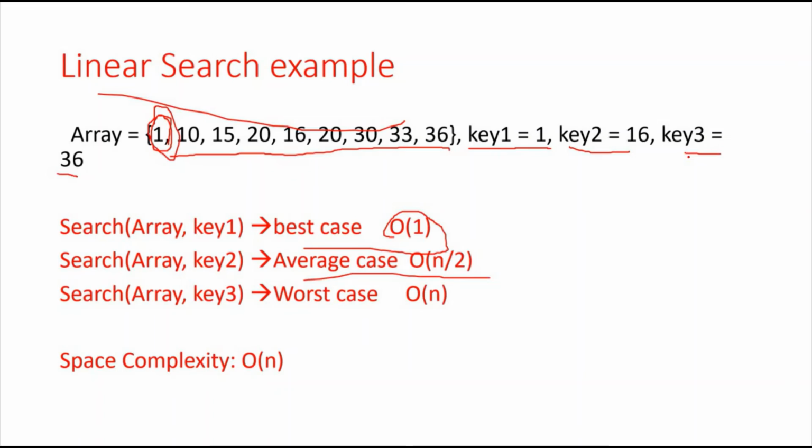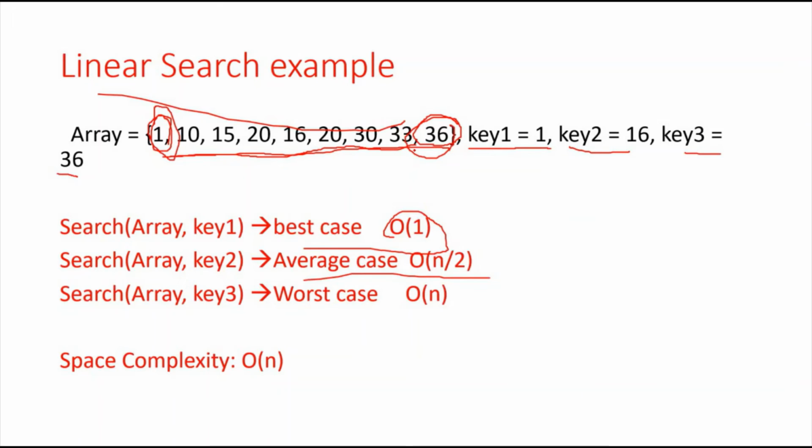And what is the worst case complexity? If we find key 3 that is 36, we will compare with all these elements. 36 is at the end of the array.